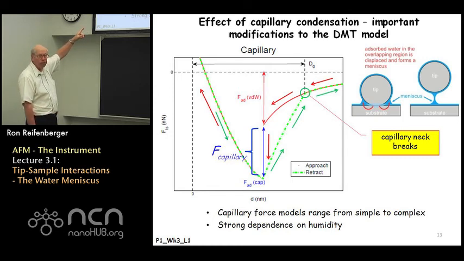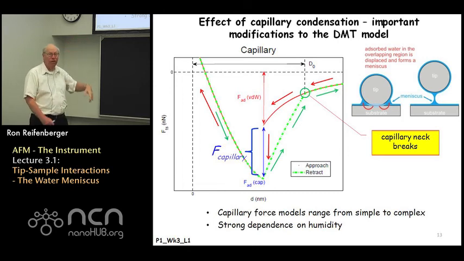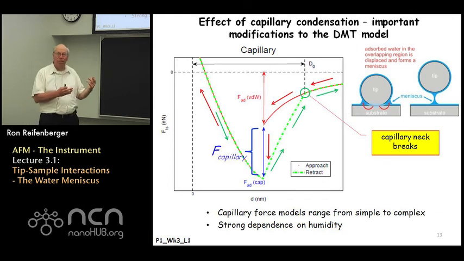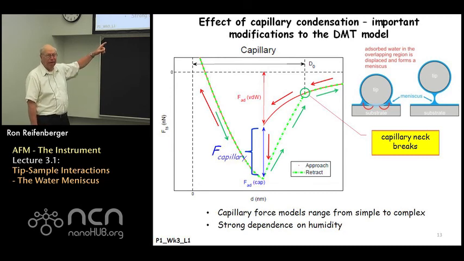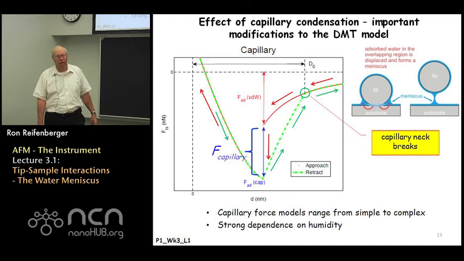That additional force is referred to as the capillary force. And there are various models in the literature. Some are very simple. The one I discussed here is pretty straightforward. There are models that are a lot more complex, but you're going to have to take this capillary force into account if you're going to try to understand experimentally the adhesive forces that you measure, if those measurements are done under ambient conditions.